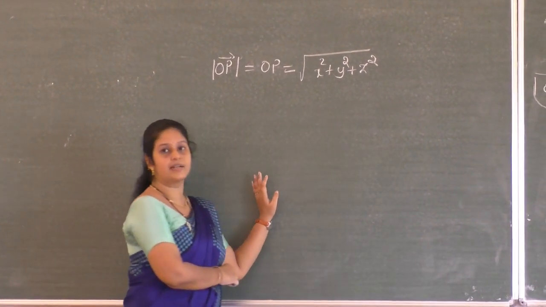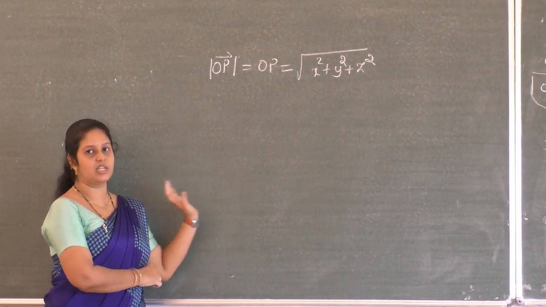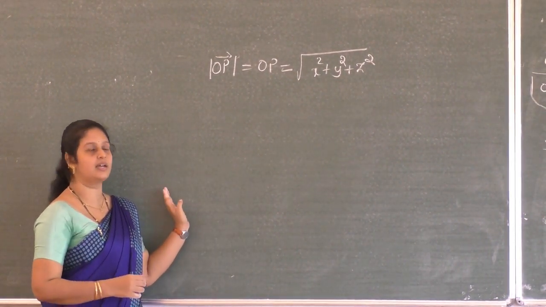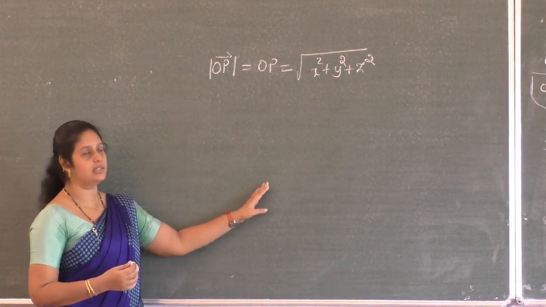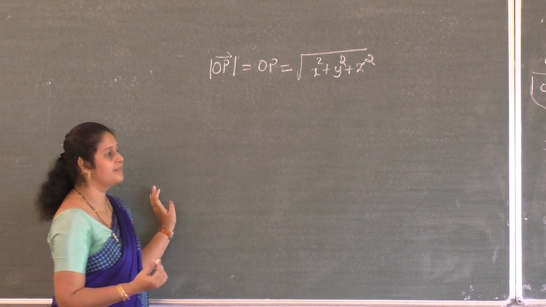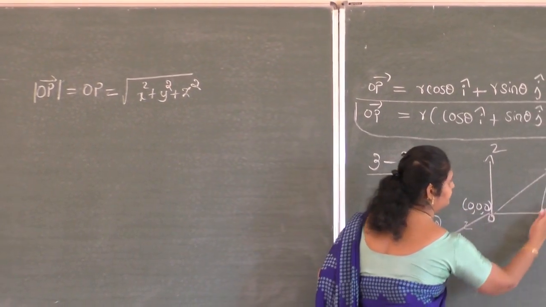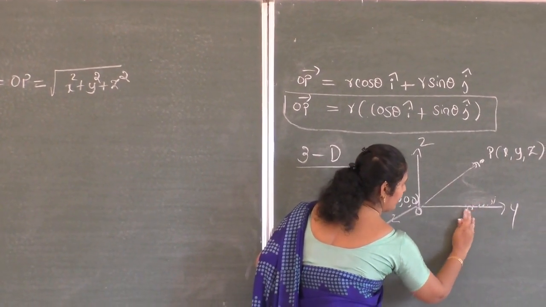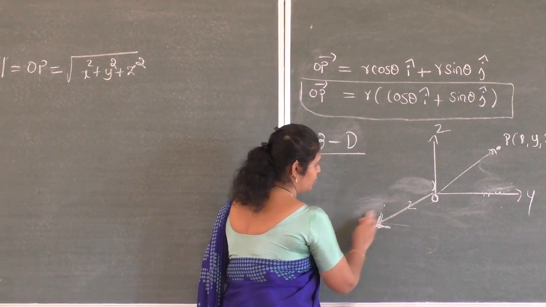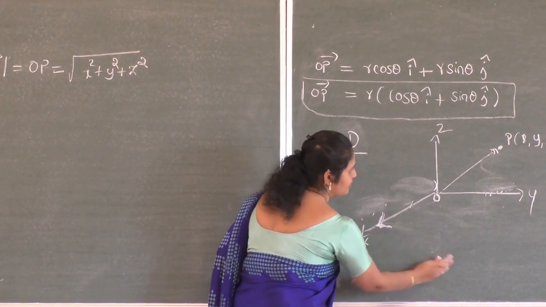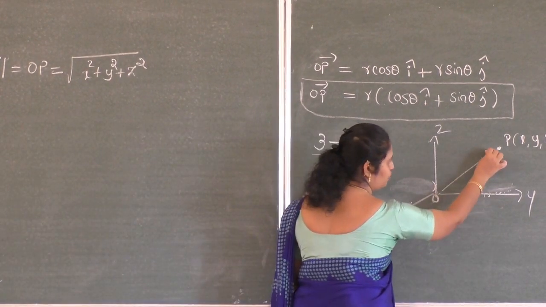Then what about its direction? Like in the previous vector case, we have to take the angles. Here I will take the angles as alpha, beta, gamma. In this diagram, you can see this is vector OP.